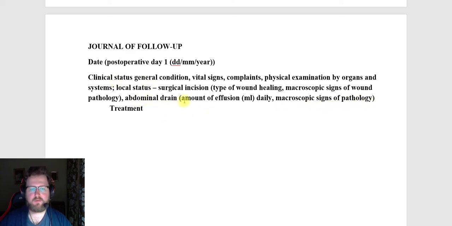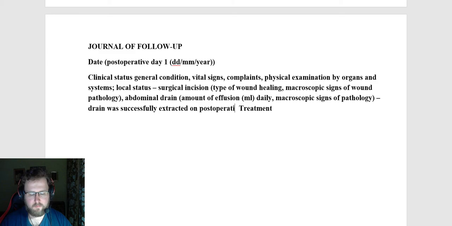And at the end of the abdominal drain subsection, you must point out that, for example, the drain was successfully extracted on postoperative day 1.